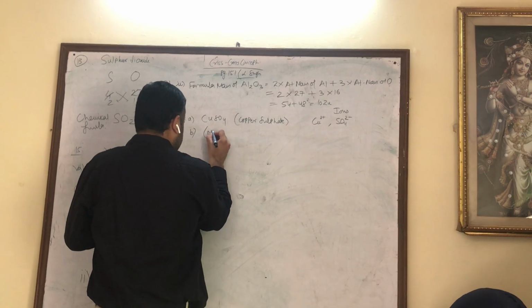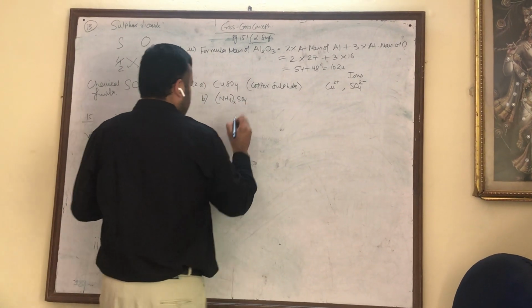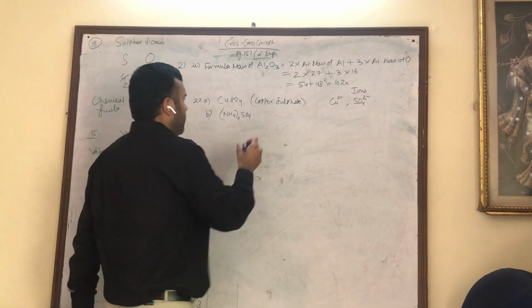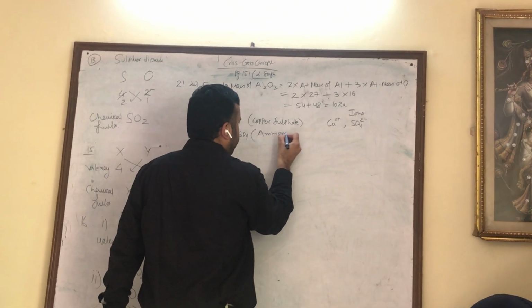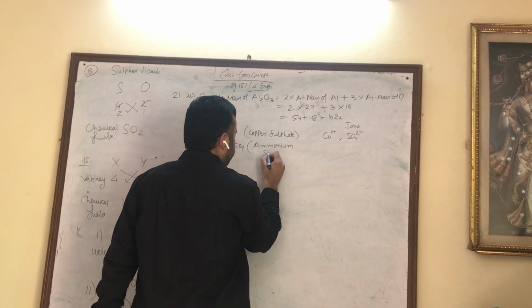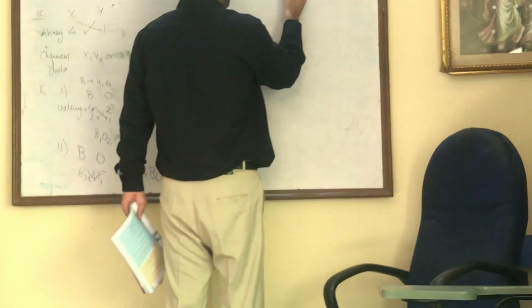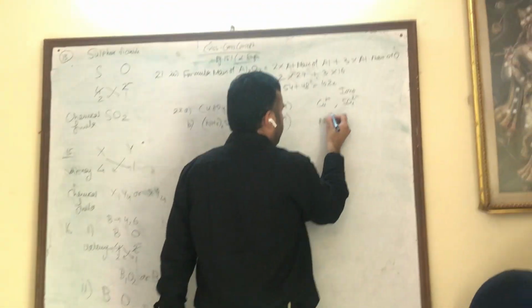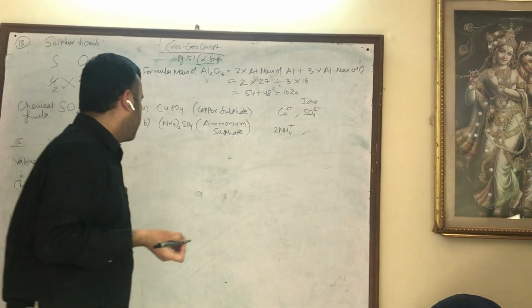B part is (NH4)2SO4. Any guesses with the name? Ammonium sulfate is the name. Ammonium sulfate. NH4+. You can write 2 NH4+ if you want to write it down.